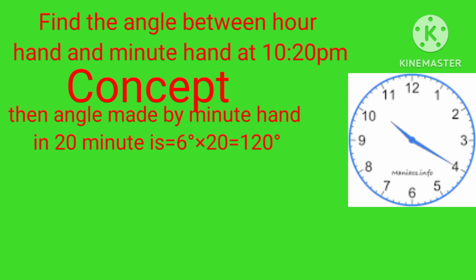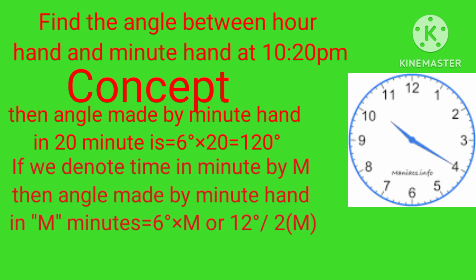Then the angle made by the minute hand in 20 minutes is 6 into 20, that is equal to 120 degree. For generalizing, if we denote time in minute by capital M, then the angle made by the minute hand in M minutes is 6 degree into M, or 12 degree divided by 2 into M. All these angles which we are finding are with respect to the reference line.